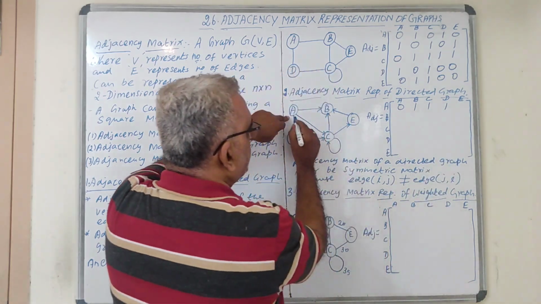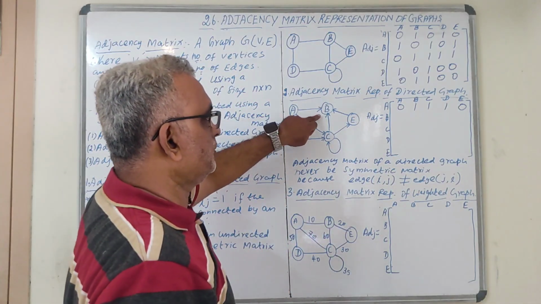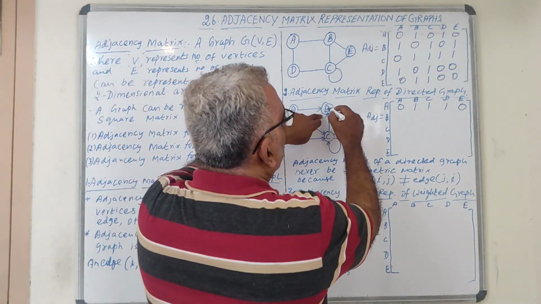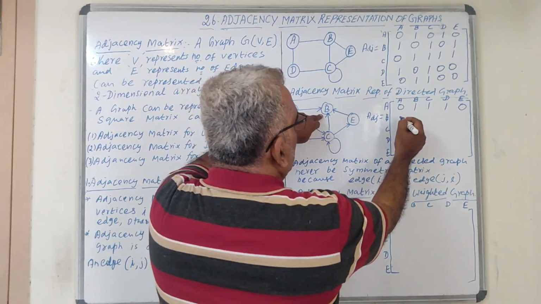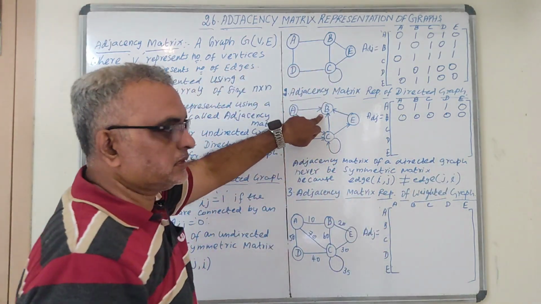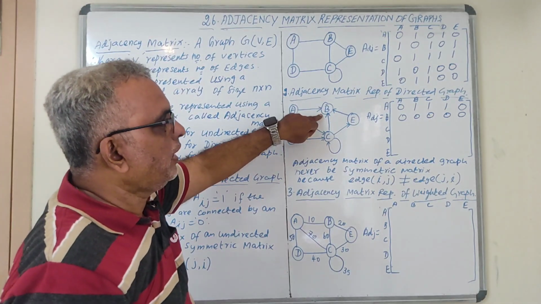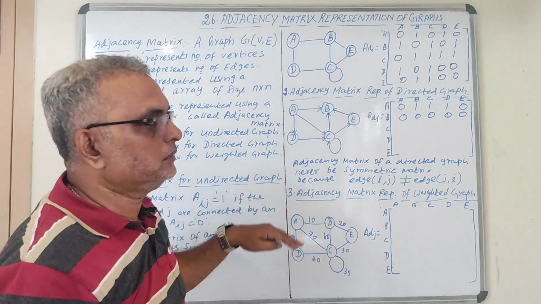There is no direct connection from A to E, so that is 0. Similarly, come to B. There is no connection from B to any other node, so all the values are 0, because there is no edge from B to any other node.